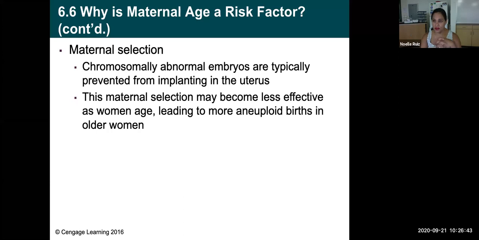So when women are younger, our bodies do this for us. It won't implant embryos that have something wrong with them. But as women age, that particular skill goes away or becomes less effective.